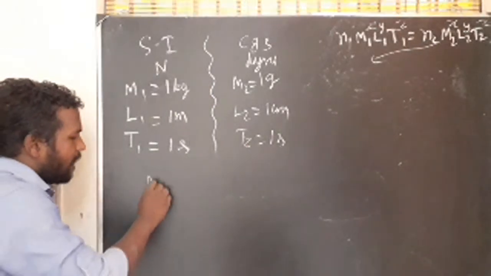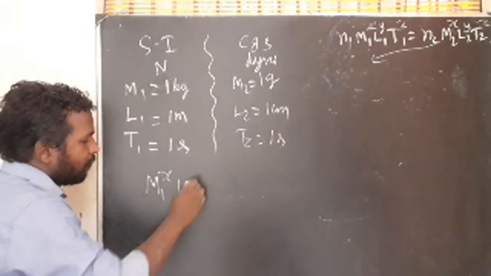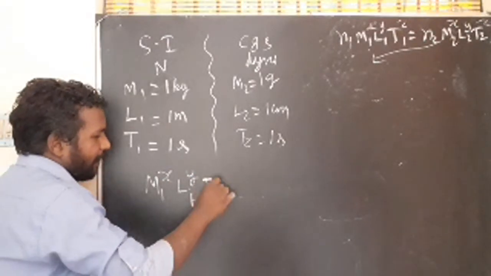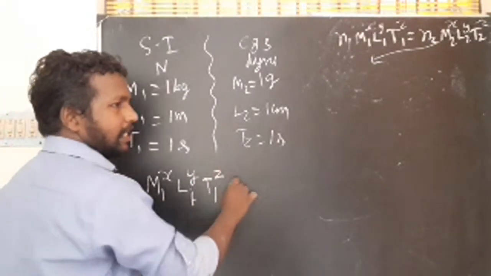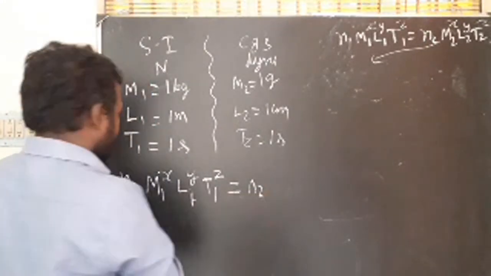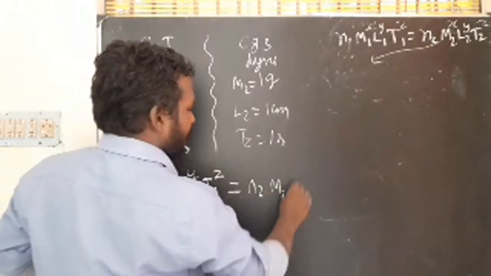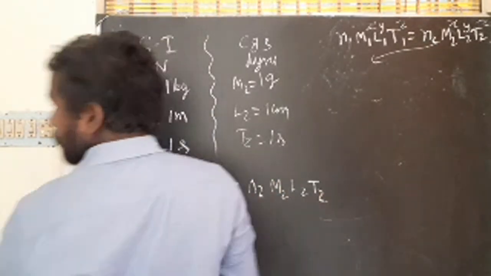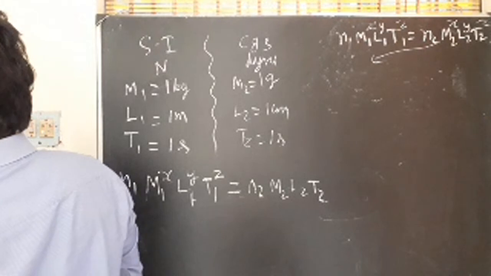So M1 power x, L1 power y, T1 power z is equal to N1, the Newton. Then N2 is going to be the dyne, with M2, L2, T2 with the same x, y, z.